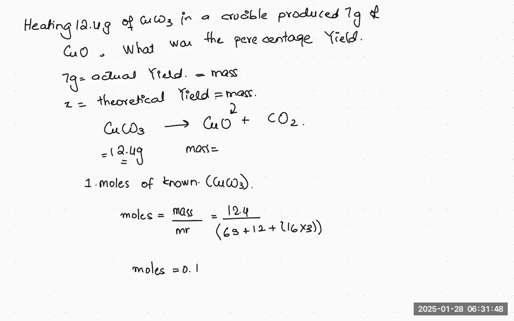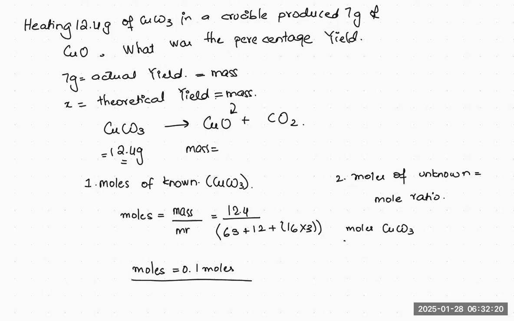So Shreya, once you found the moles of known, now you'll find the moles of unknown. We always find the moles of unknown by using mole ratio. Mole ratio is always like this: moles of copper carbonate divided by moles of copper oxide.